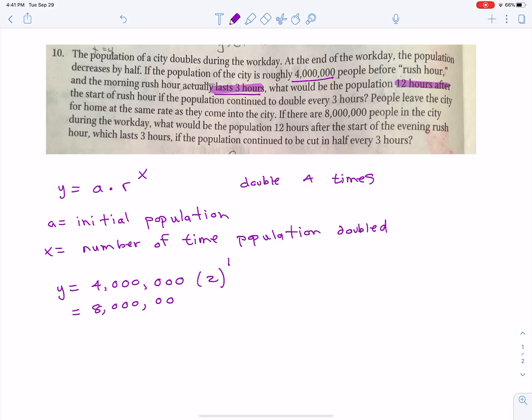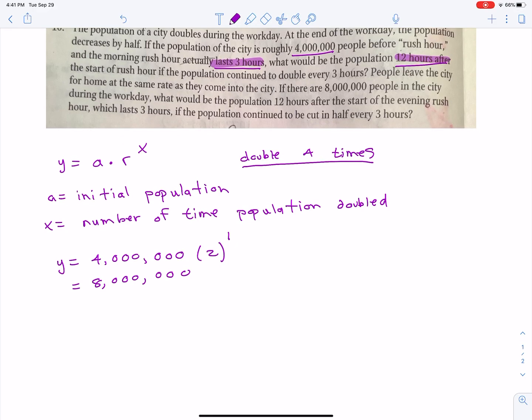Now, the question becomes, what happens if we did that for 12 hours? In other words, what if it doubled 4 times? So now our formula is going to look like this: y equals 4 million times our growth rate raised to the 4th power.